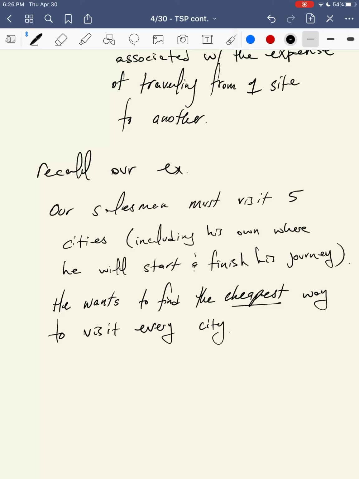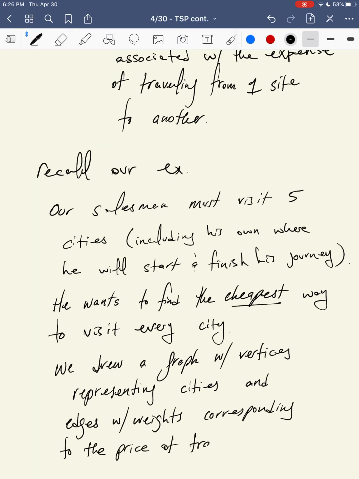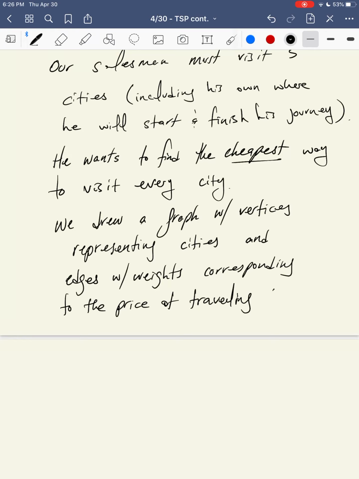So what did we do? We drew a graph with vertices representing cities and edges with weights corresponding to the price of traveling between them.